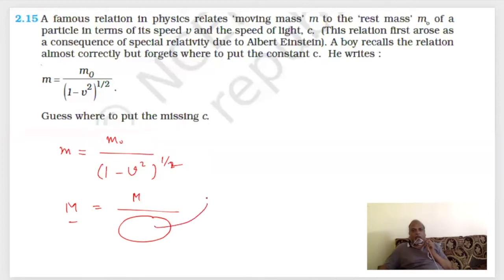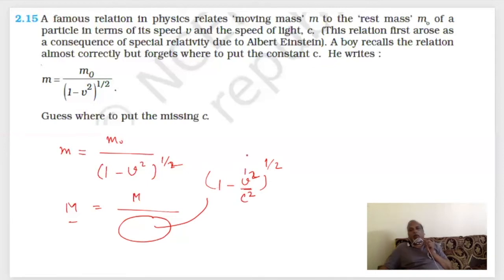Means this denominator, 1 minus v square to the power 1 by 2, how to make this dimensionless? The simple method is whatever dimension v has, you put the same in the denominator and they will cancel out.